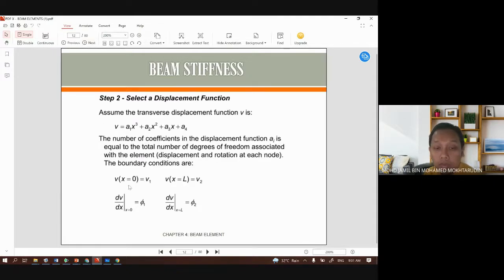This is the boundary condition. We can also substitute the boundary condition for the rotation phi, which is dv over dx. At x equals 0, it's phi1. At x equals L, it's phi2.